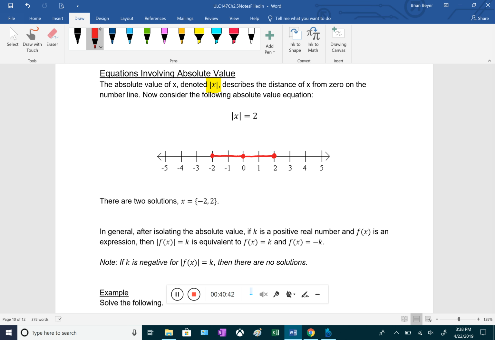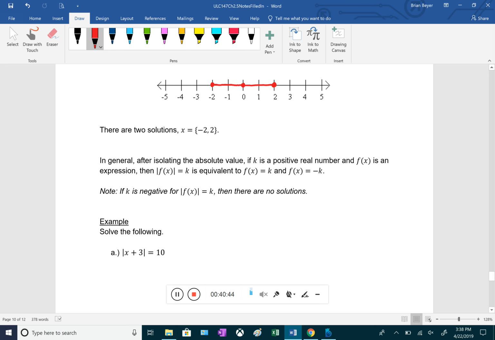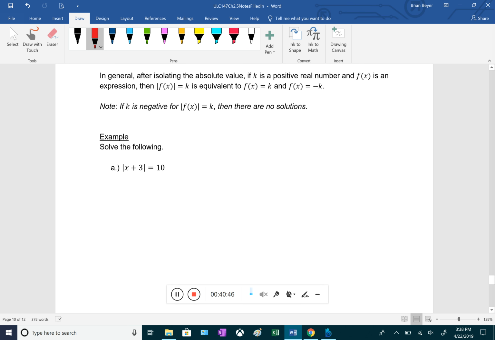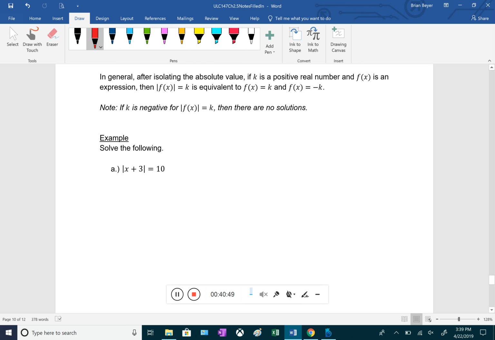In general, what we're going to be doing here is isolating the absolute value. When we isolate the absolute value, we'll end up with the absolute value of something, so the variable is in the absolute value: the absolute value of some expression f of x equals k, where k is a number.